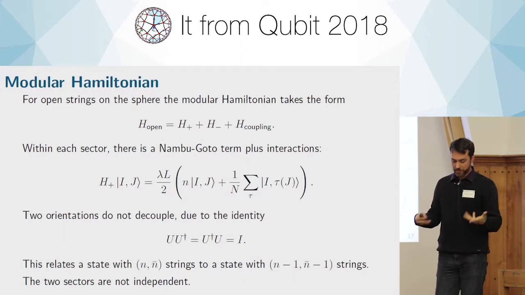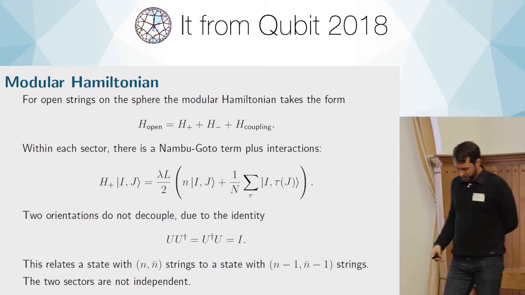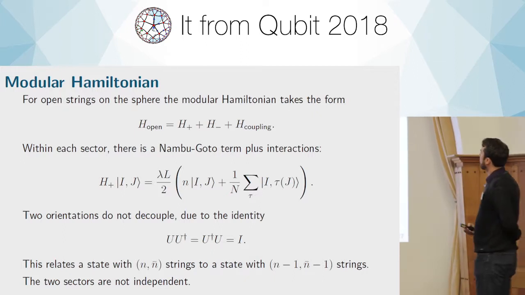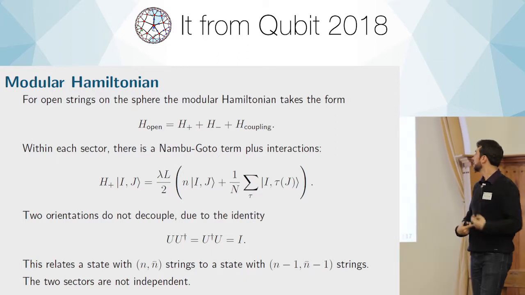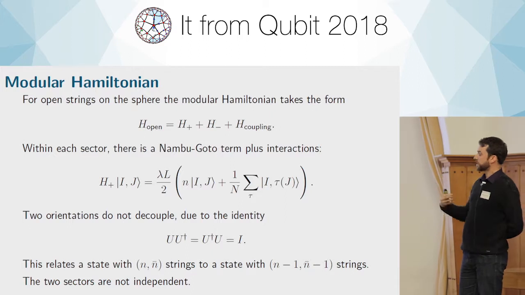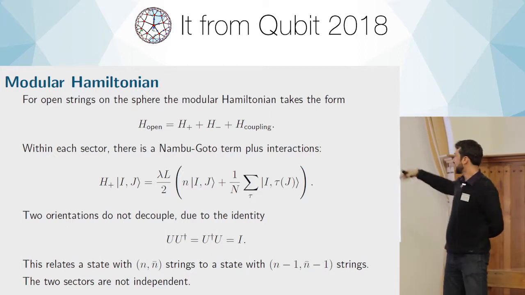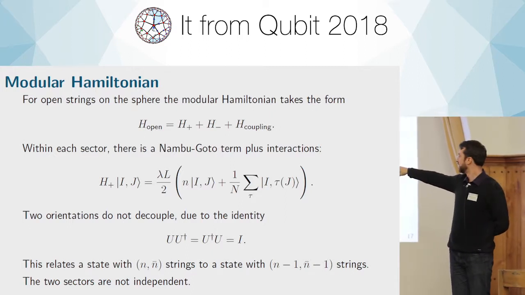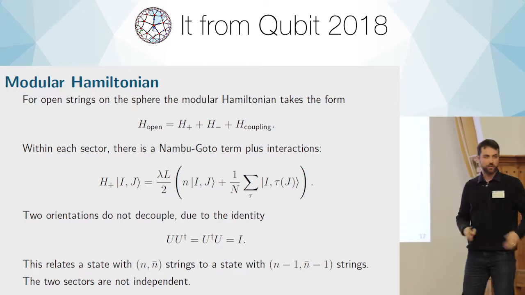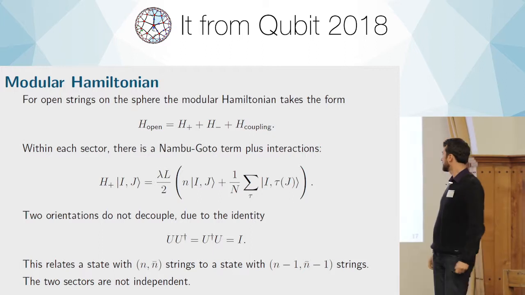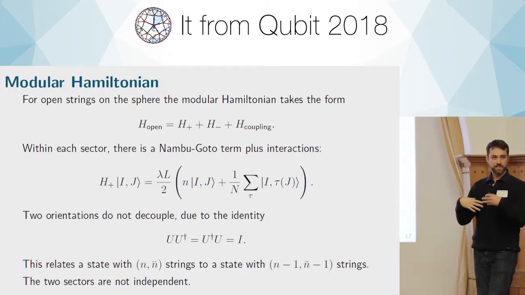Now there's one additional subtlety for open strings, which is that, again, there are two sectors. The strings can go both ways. But now the two sectors talk to each other. Within each sector, the Hamiltonian is exactly as before. There's a Nambu-Goto tension type of term and an interaction that twists the strings together. But the two orientations don't decouple.